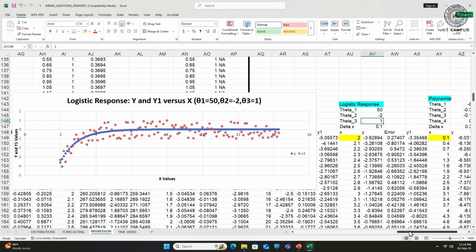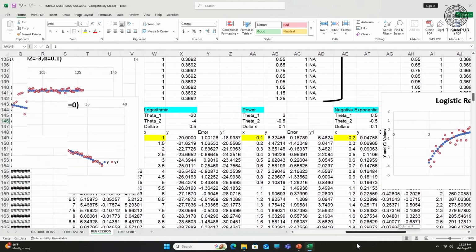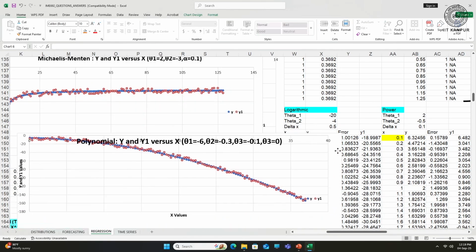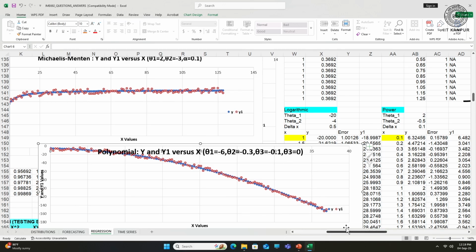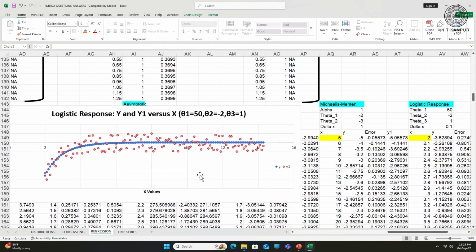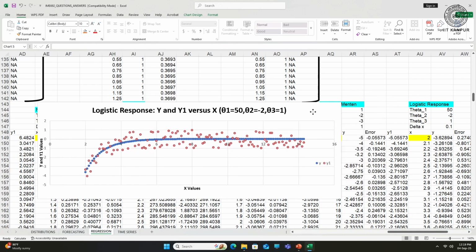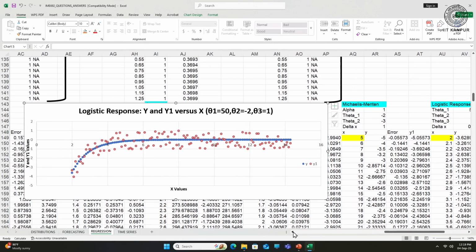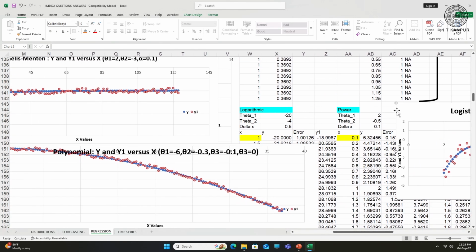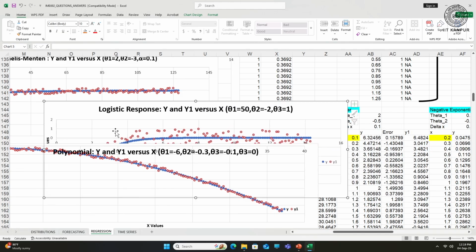Again I showcase this using the simulated data, and this is the polynomial one. Polynomial one, all the graphs are here. So, I moved the logistic response model to the left. They are stacked one after the other for ease of access for all of you.